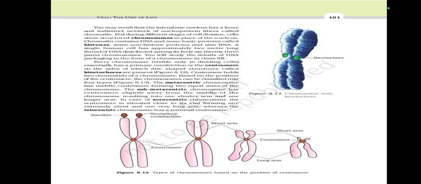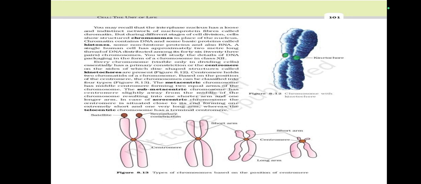Every chromosome, visible only in dividing cells, essentially has a primary constriction or the centromere, on the sides of which disc-shaped structures called kinetochores are present. Figure 8.12. The centromere holds two chromatids of a chromosome.